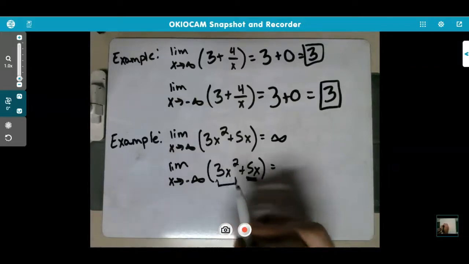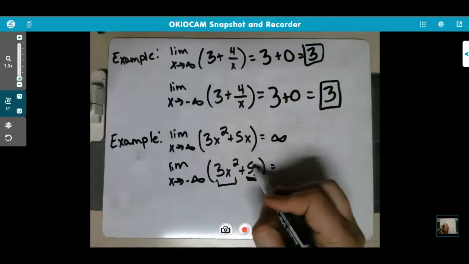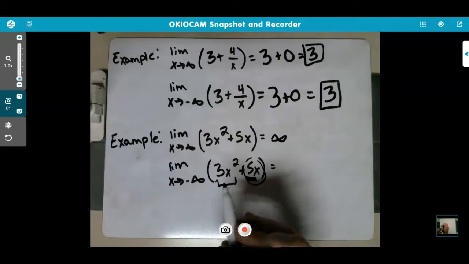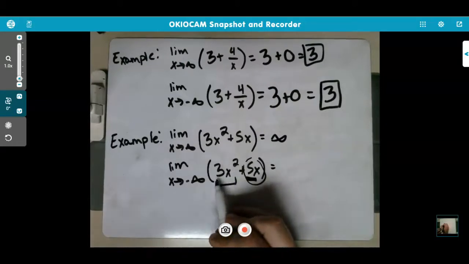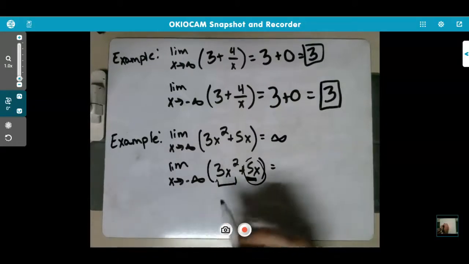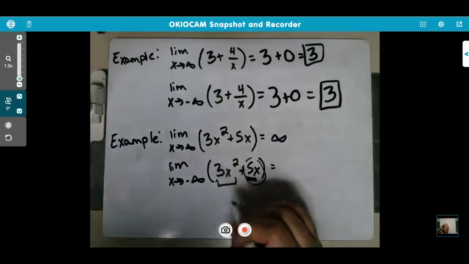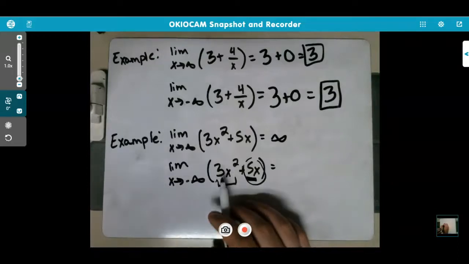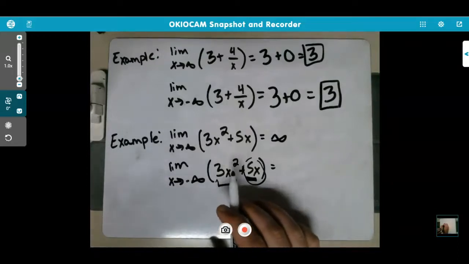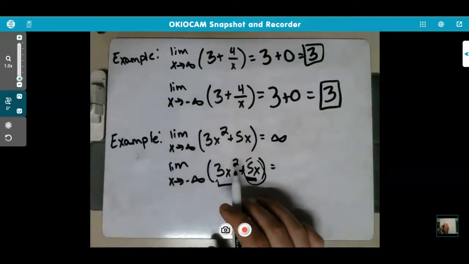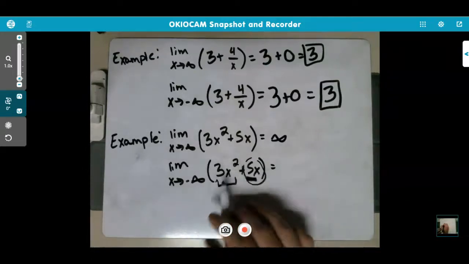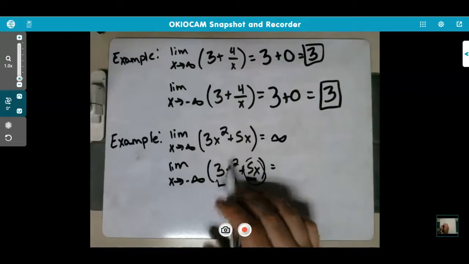So as x grows, this term isn't really going to change a whole lot because the first term is growing a lot quicker because it's being squared. So when I do these, the really cool thing is I only have to worry about the highest power because that's growing the fastest. So I only need to look at 3x squared.